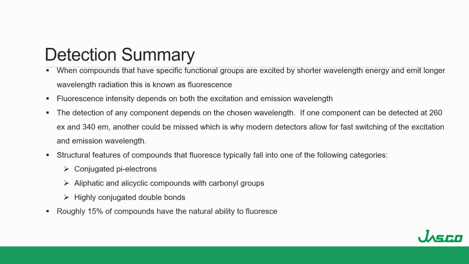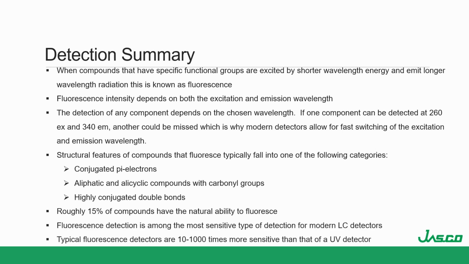Only roughly about 15% of compounds have the natural ability to fluoresce, but if they do fluoresce, fluorescence detection is among the most sensitive types of detection for modern LC detectors. It's even 10 to 1,000 times more sensitive than what you would see from your UV detector.